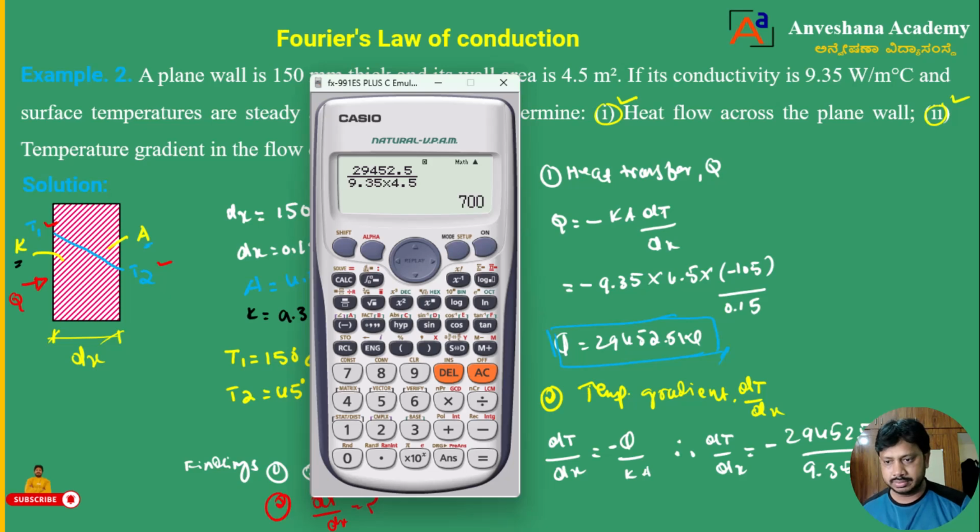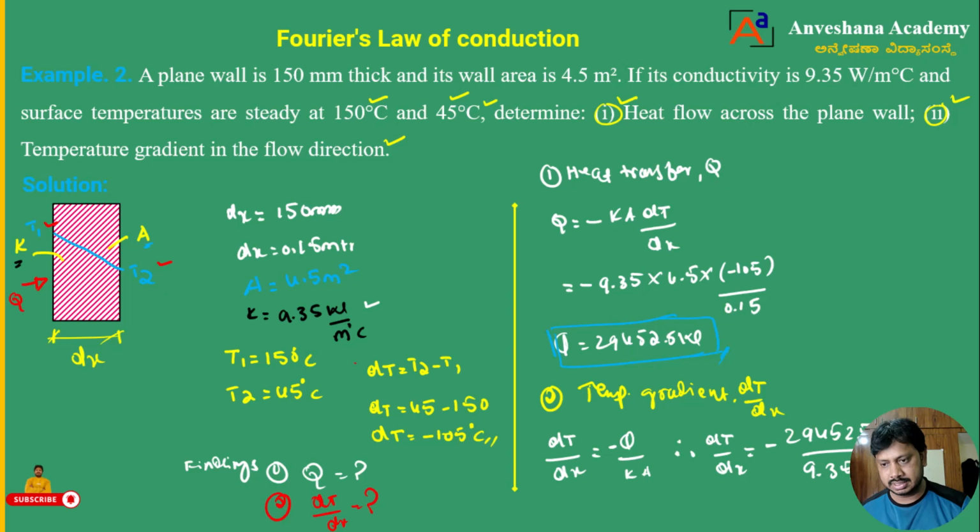You are getting 700. Here minus is there, so minus 700. So therefore dT by dx is equal to minus 700.